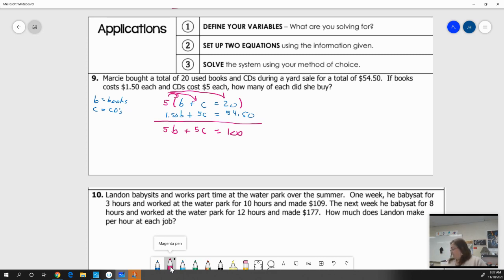What if I did -5? Let's make it -5 instead. Why would I do that? If I multiply it by -5, I'm going to have the C's disappear. Or if I multiply it by +5, then I've got to go through and subtract the whole thing.